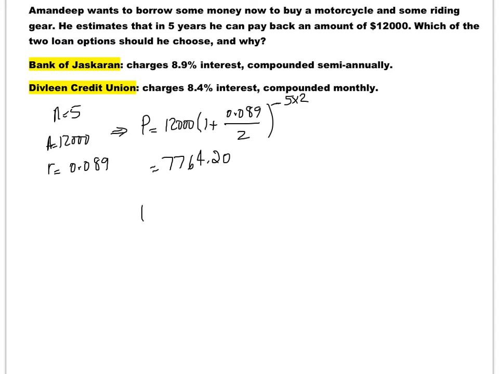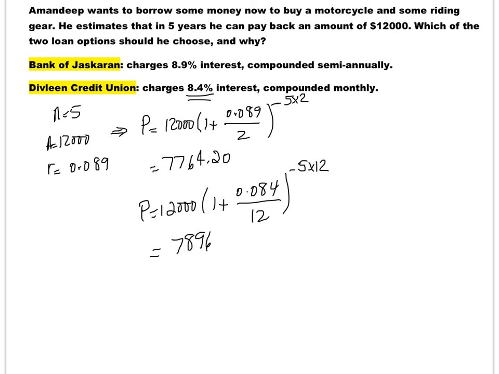So in this case, P is 12,000 times (1 + 0.084 divided by 12) exponent minus 5 times 12, because 8.4% is 0.084 and the compounding is monthly. If you find this one, it's going to be 7,896.11.